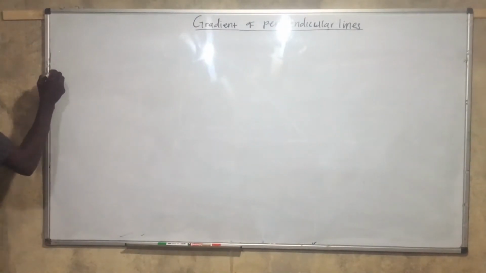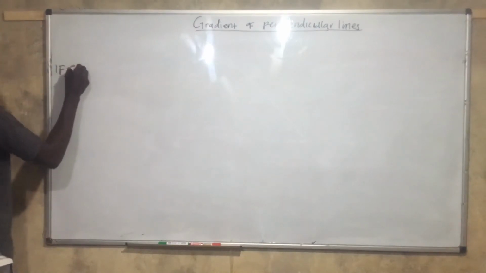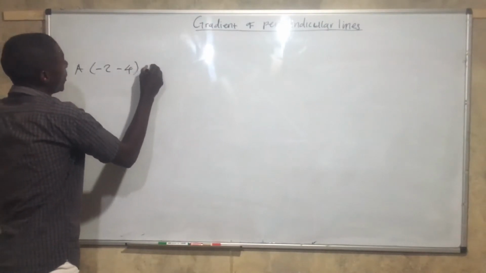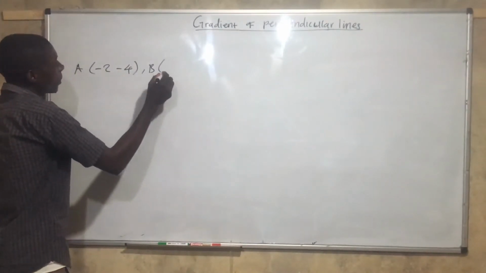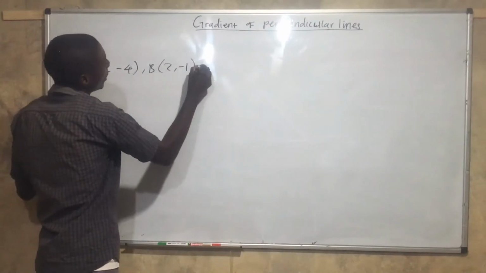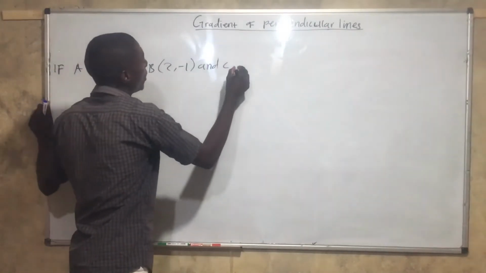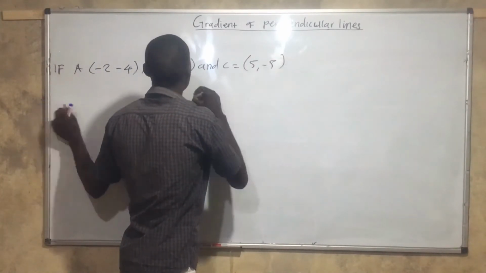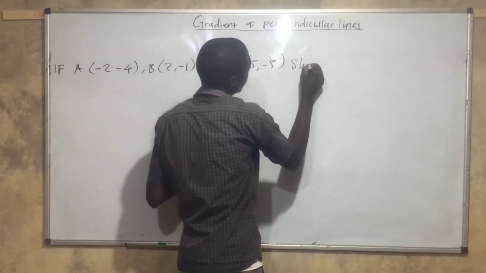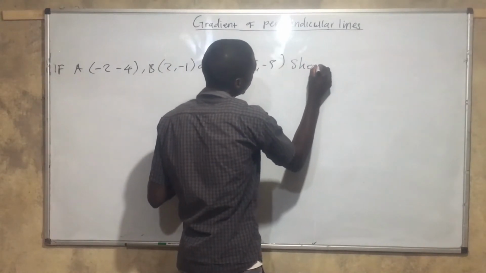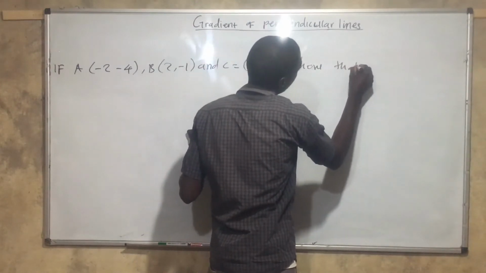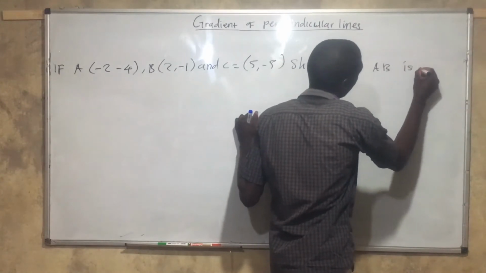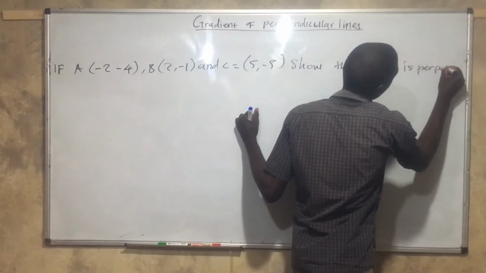For example, if A is equal to (-2, -4), then B is (2, -1), and C is equal to (5, -5). And we are told to show that AB is perpendicular to BC.